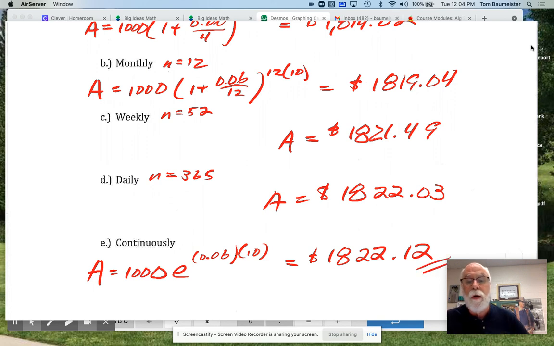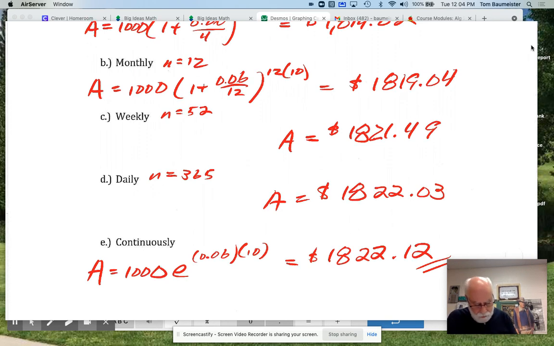Notice that's only 9 cents more over 10 years than if it's compounded daily. So remember, you think, oh, continuously I'm going to make a lot of money. But like we talked about earlier, we know that it's going up, and it has to eventually flatten out, because a bank has to make money somewhere.